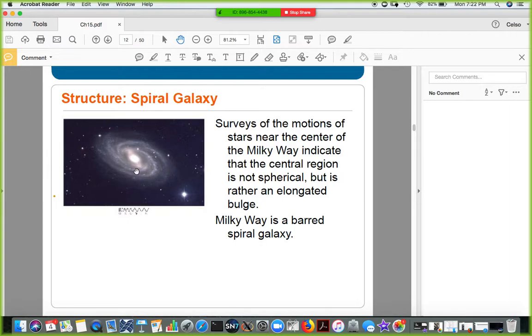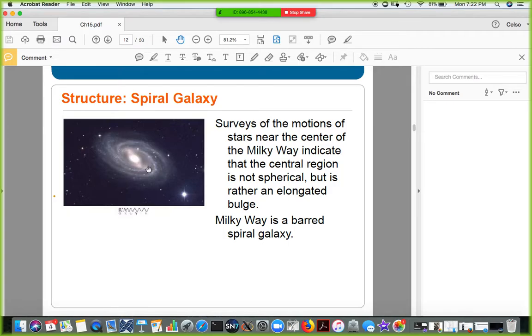But what I'm trying to say is that this structure has the central bulge and the spiral arms coming out of the bulge, and the distribution and the velocity pattern of stars in it happen to be different depending on where you are.